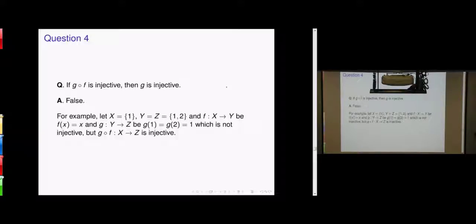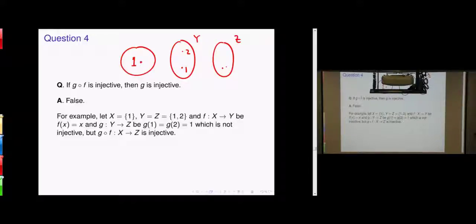Right? So the picture is like this. This time let me draw larger. So this is my X. It only contains one number, 1. Okay. So this is my Y. So I have 1 and 2. And Z here only has 2 points, 1 and 2, right? So f is just this function. This is my f. Now g, I want g to be not 1 to 1.